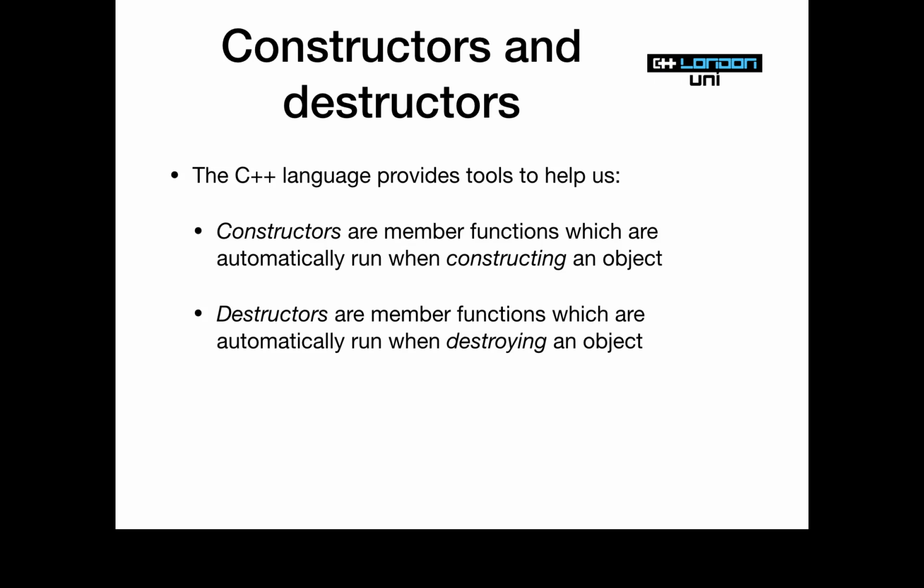And destructors are the opposite. Destructors get run when an object is destroyed. So if you remember a few weeks ago, or many weeks ago now, near the beginning of the class, I quite heavily went into talk about value semantics and object lifetimes, and how when we leave a scope, the object is destroyed.